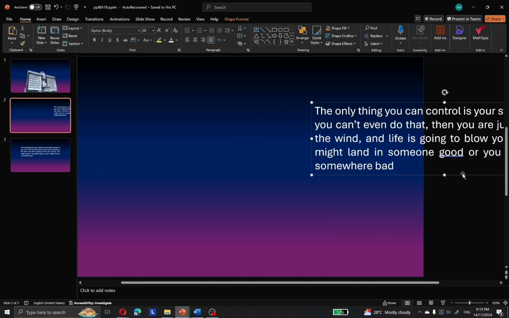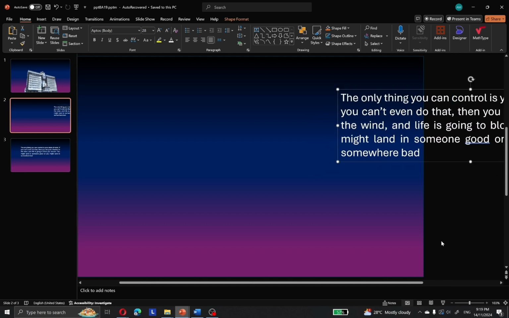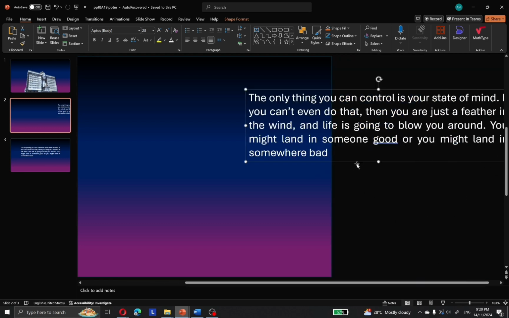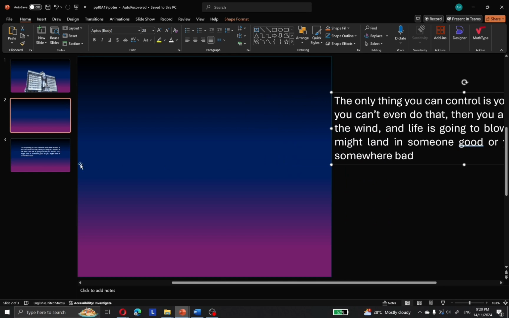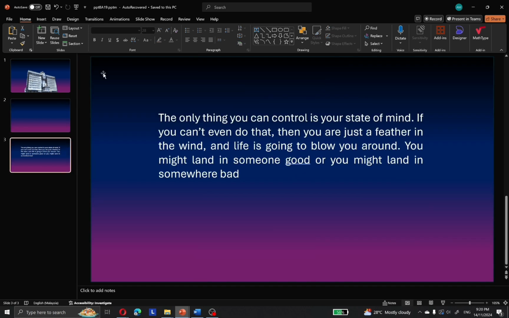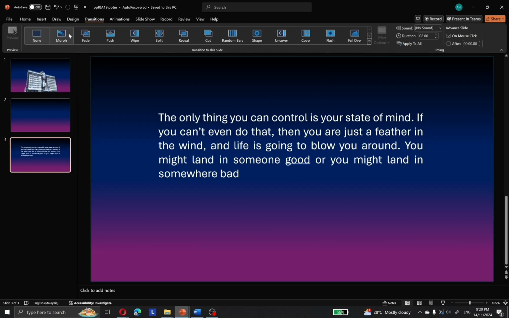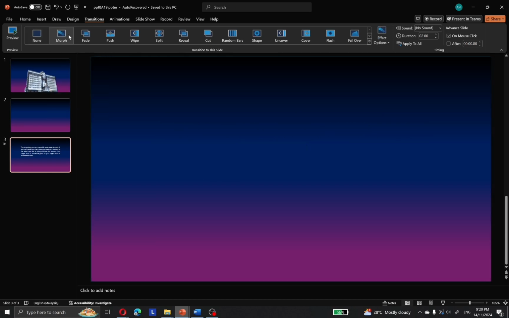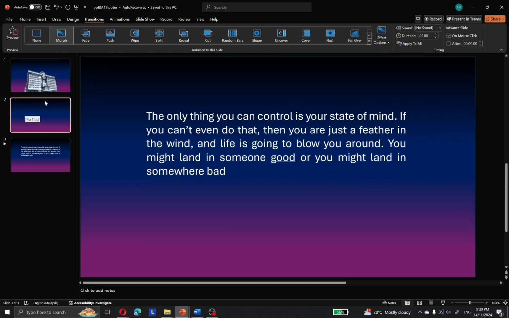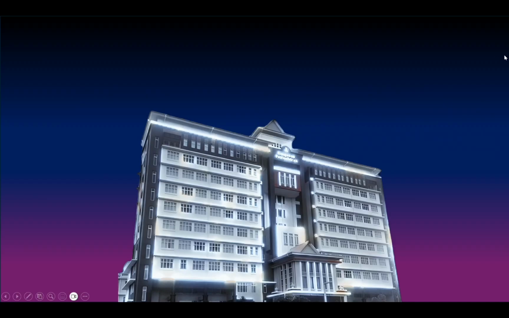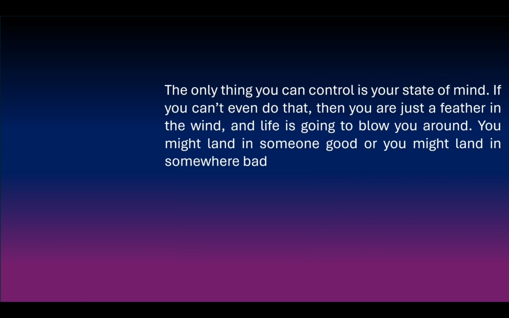And just a bit more. Alright. Now, what we're gonna have to do is insert and select the Morph Transition. And what that's going to do is create this effect of the words appearing from nowhere in this very seamless motion.